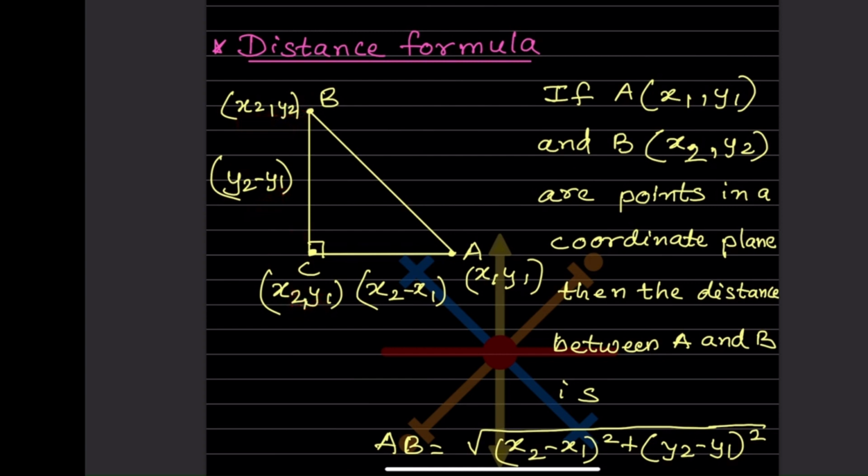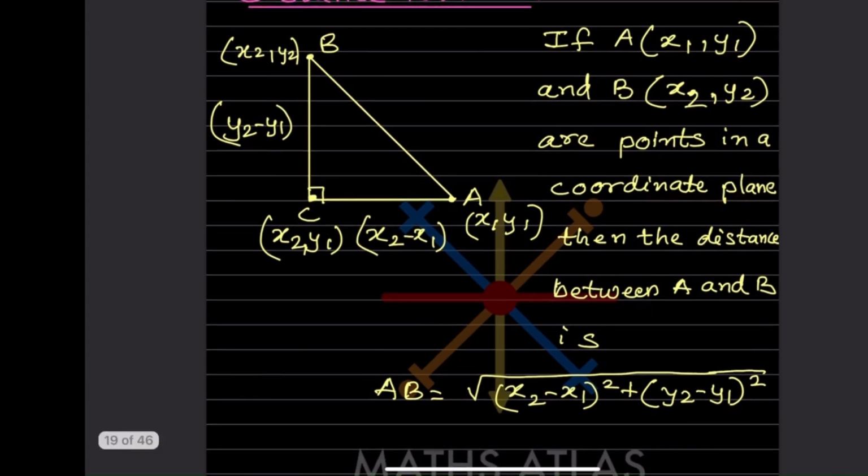So if A, x1, y1 and B, x2, y2 are points in a coordinate plane, then the distance AB is the root of x2 minus x1 whole bracket square plus y2 minus y1 whole square. You take the square of this plus this because you know the Pythagoras theorem.